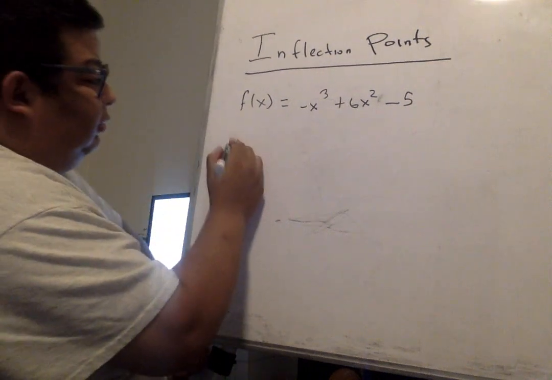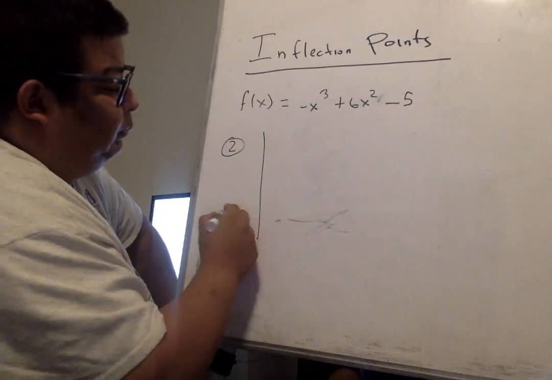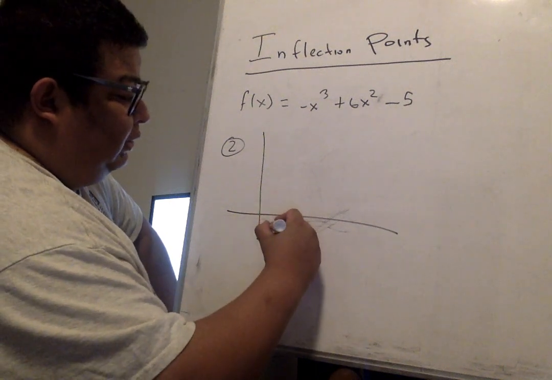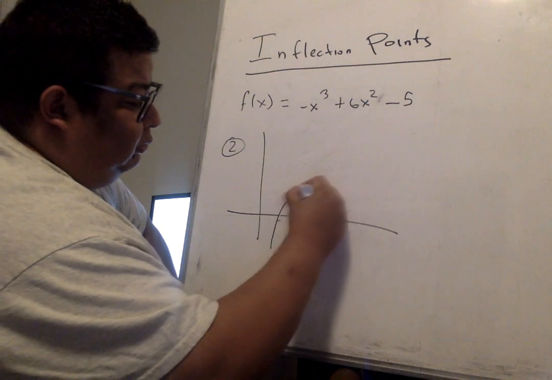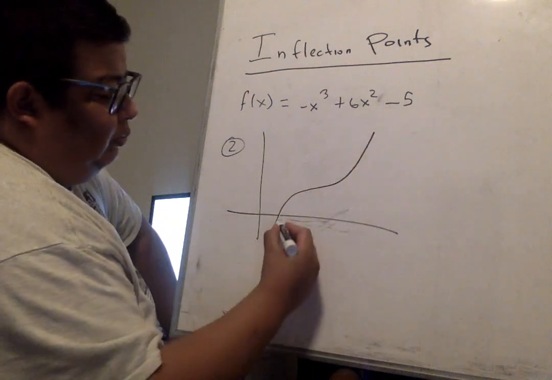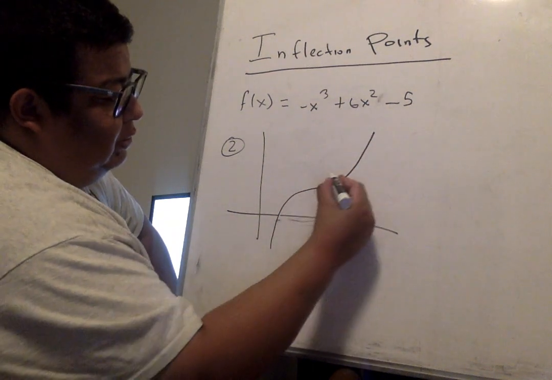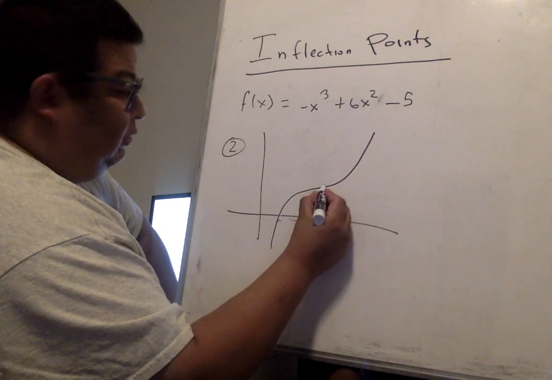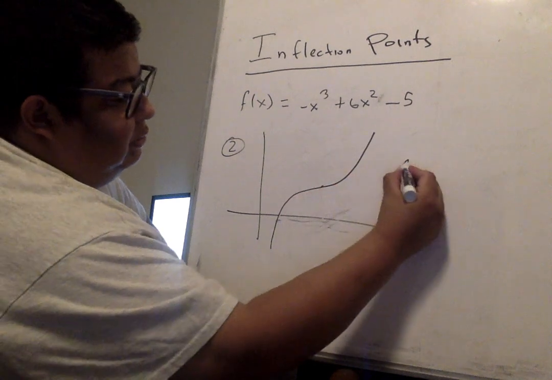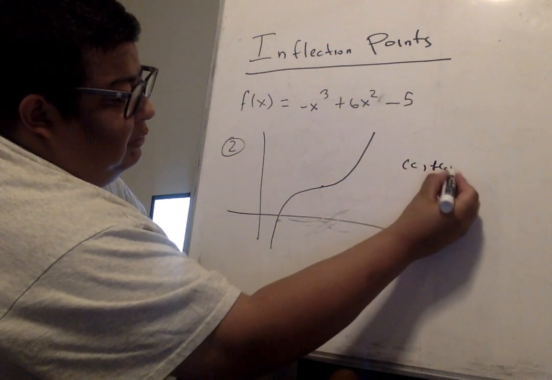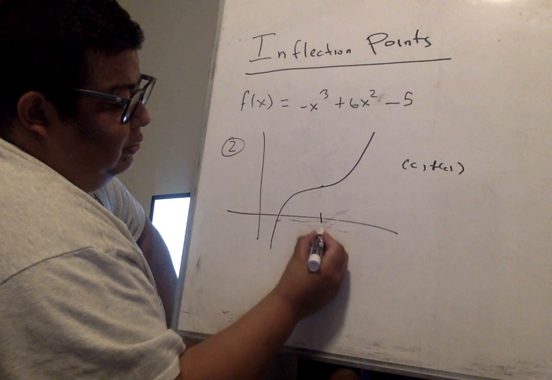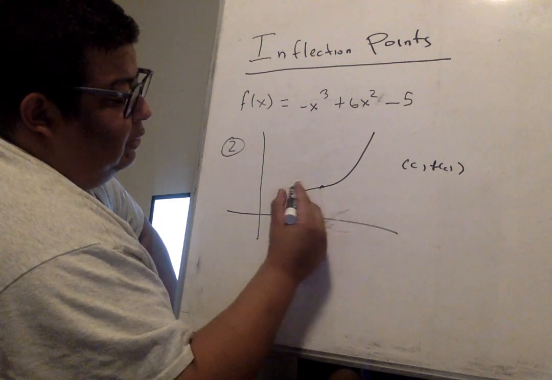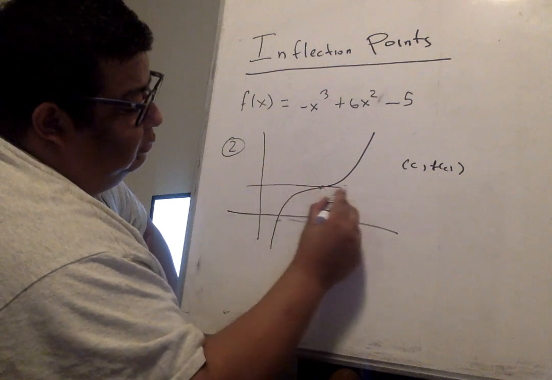Another type is, for example, when the graph, so this is concave down and this is concave up, but here the tangent line, so c, f of c, so this is your c, the tangent line is horizontal.